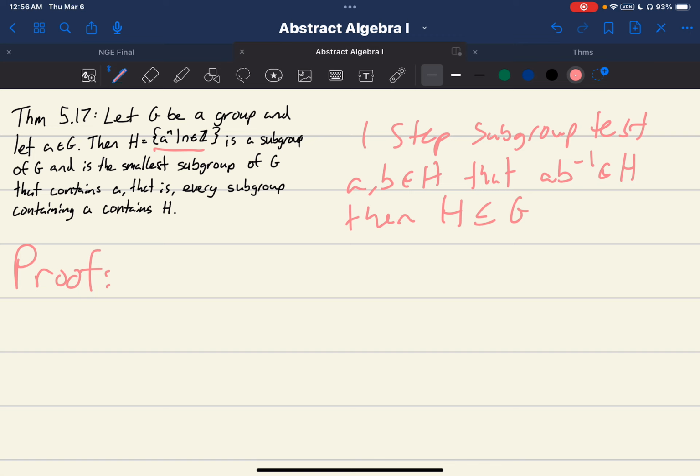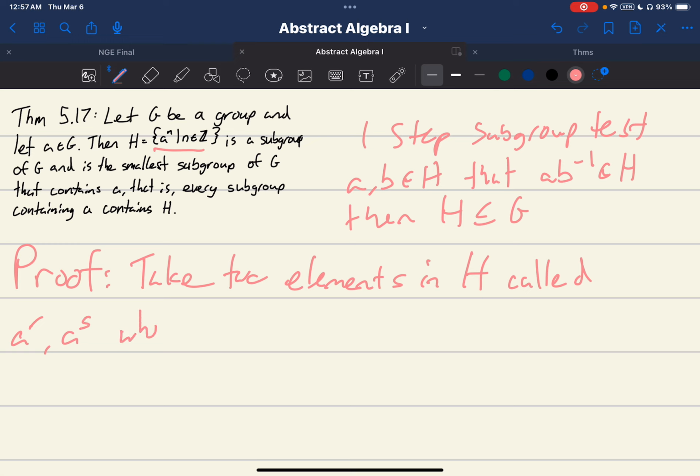So what we're gonna do is take two elements in H. I normally like to call those H1 and H2, but because the whole point is that the elements in H are of the form a to some power, we're just going to label them a to the r and a to the s, where r and s are integers.